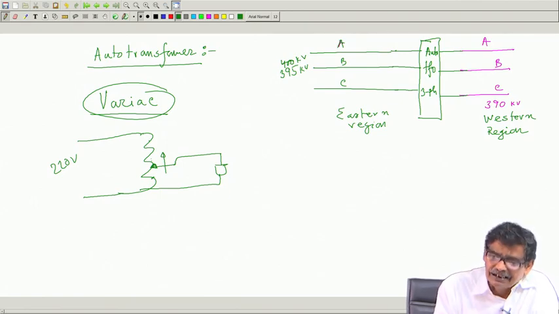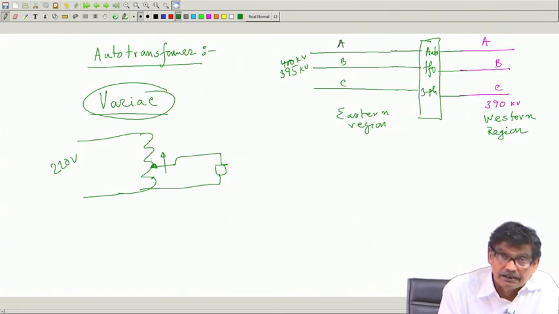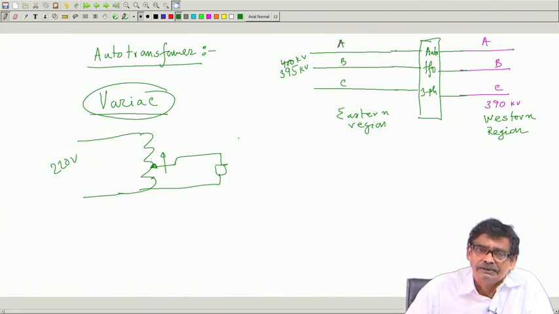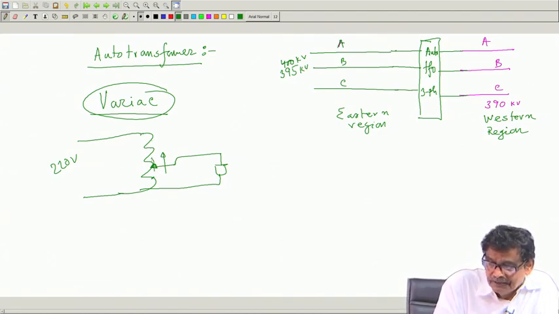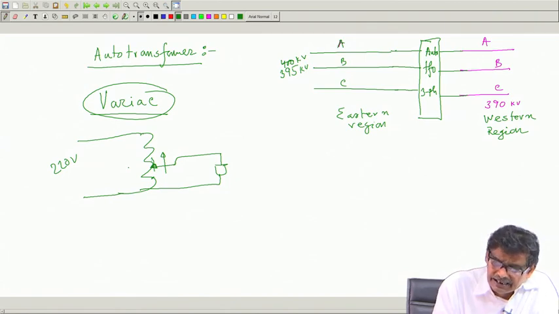A variac is strictly not an auto transformer in the sense that we design an auto transformer to get some economic advantage. Here, nothing like that. You should be prepared. The gauge of the wire here throughout is fixed. You must understand this distinction in a variac, a laboratory equipment.